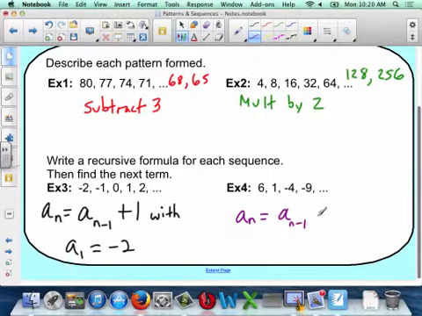Minus 5. And why are we putting the minus 5 there? Because we're subtracting 5 every time. Okay, with. Alright, so Tori, what's my starting value? There we go, guys. That's recursive formulas. They're not super scary, are they?